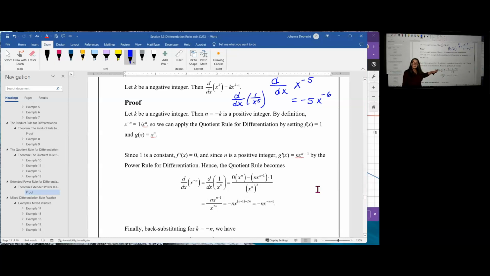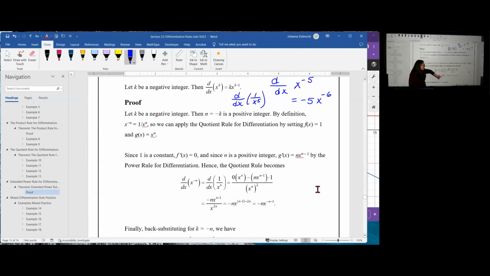So for my f prime, I get the derivative of 1, which is 0, times the denominator, x to the n, or x to the 5th, minus n x to the n minus 1, the derivative of the denominator, in my case 5x to the 4th, times the original numerator, which is 1, all divided by the denominator squared.